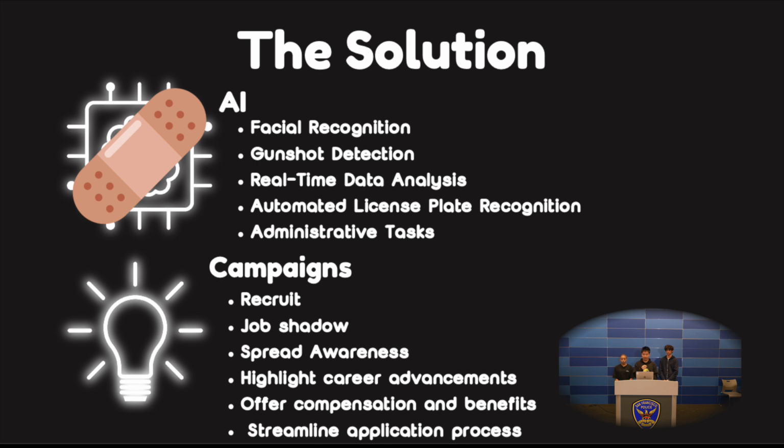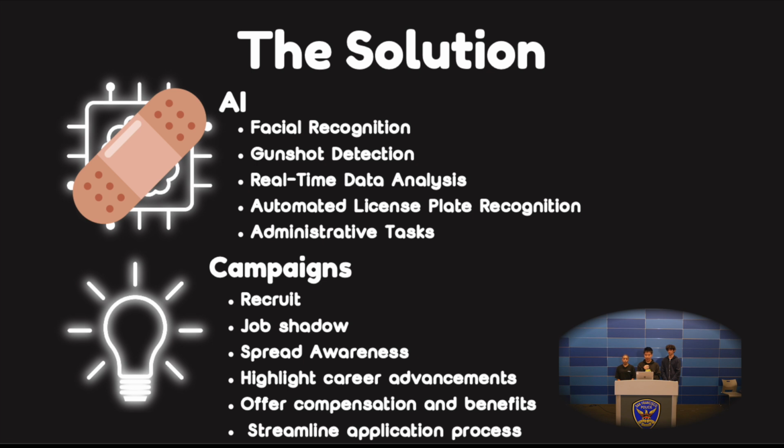SFPD can also benefit from real-time data analysis, which searches a database based off your location and returns statistics such as the reported crime rates of that location and the amount of officers on duty in a given location. The next AI system is automated license plate recognition, which scans the different license plates around you and returns information based off that license plate.